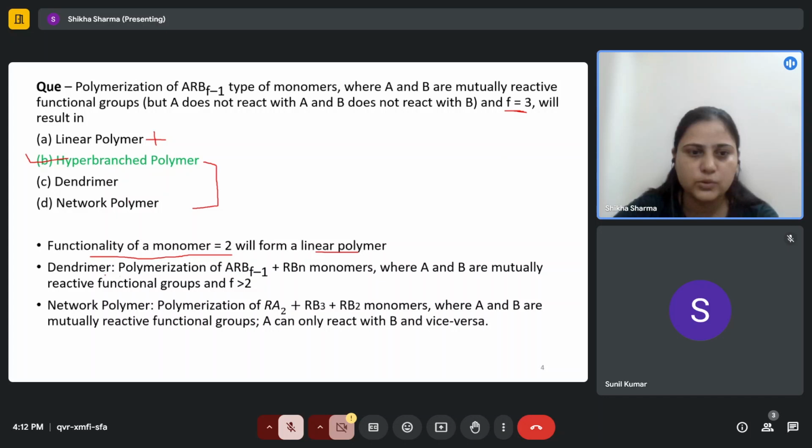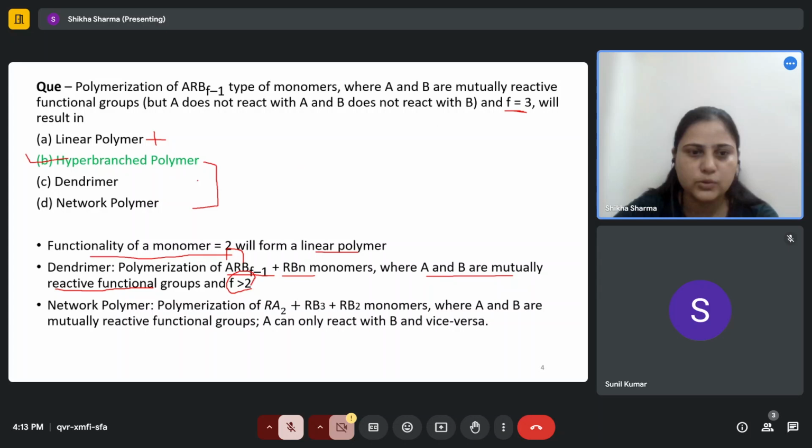Because in dendrimers, the polymerization involves AR B F minus 1 type of monomers plus R B N type of monomers, where A and B are mutually reactive functional groups, and the third condition is that F should be greater than 2. So in all these three cases, hyperbranched polymers, dendrimers and network polymers, the functionality will always be greater than 2, like here it is given as 3.